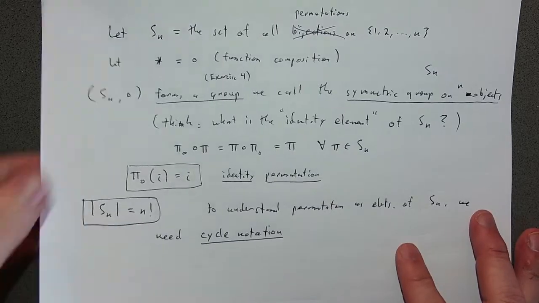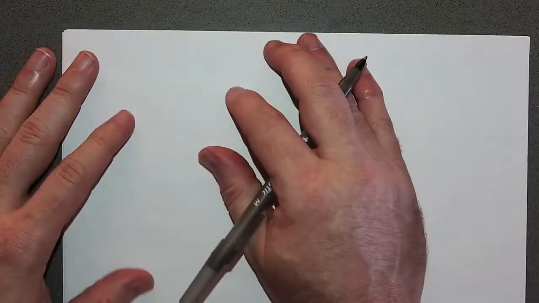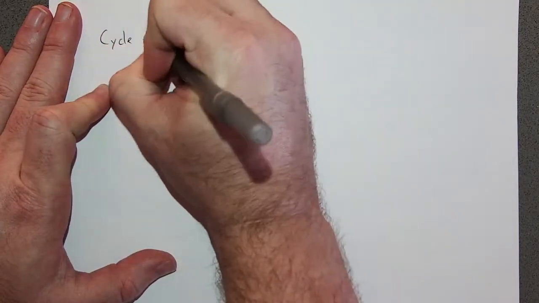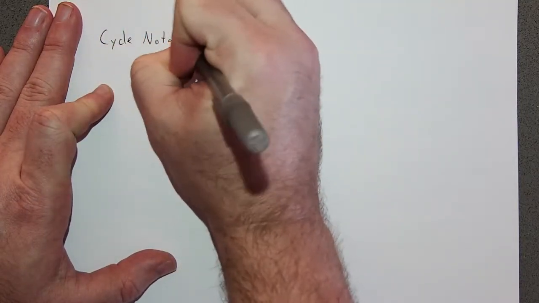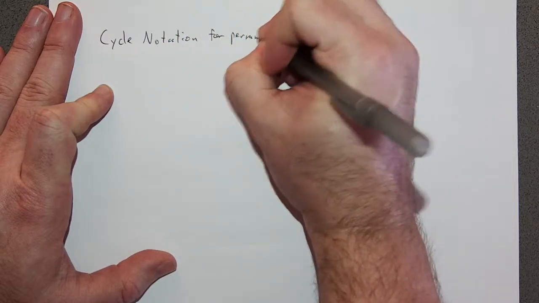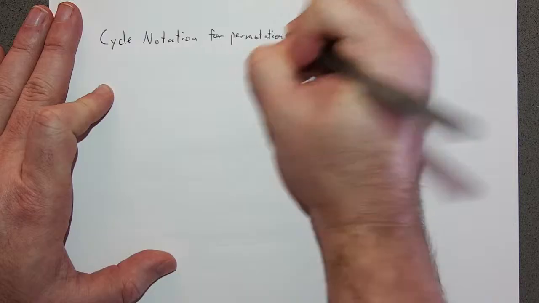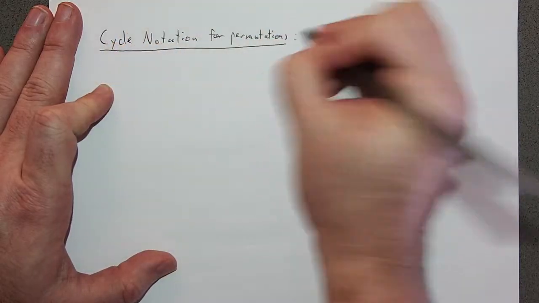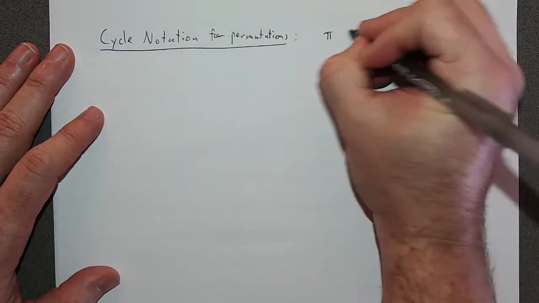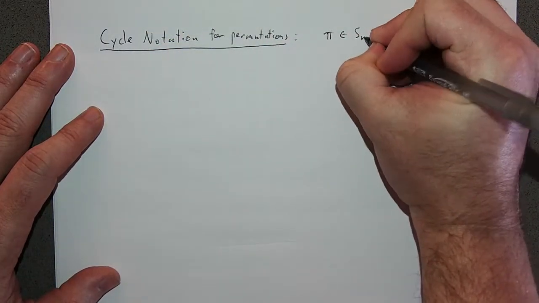Maybe I'll do this on the next page so that I have plenty of room. So this is cycle notation for permutations. Let's say I have a permutation pi in my symmetric group.